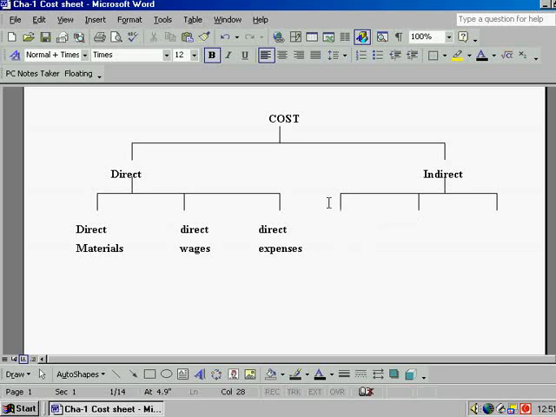They are classified on the basis of the functions. Indirect costs are also known as overheads, and on the basis of the purpose for which these overheads or indirect costs have been incurred, they are classified into 3: factory overheads, office and administration overheads and selling and distribution overheads.